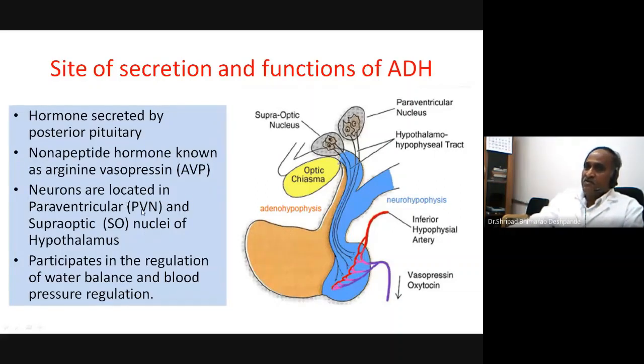I mentioned the paraventricular nucleus and supraoptic nucleus where the neurons are located. It participates in the regulation of the homeostasis of water and of blood pressure. These are the two important functions of the ADH.